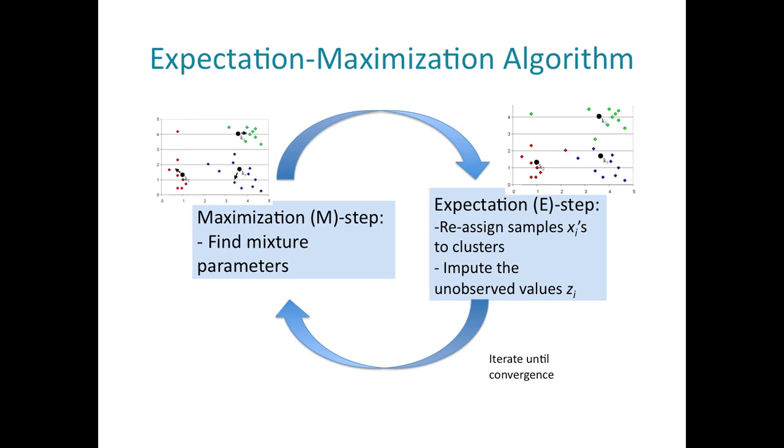Once we do that, we go to the maximization step, where we recompute the mean, the covariance, and the mixture proportion. Having recomputed those values, we go again to the expectation step, compute the probability of each point being part of each of the different k clusters we are considering, assign labels, go back to maximization, and we continue this until we converge, meaning until the data points don't change from one cluster to another anymore.